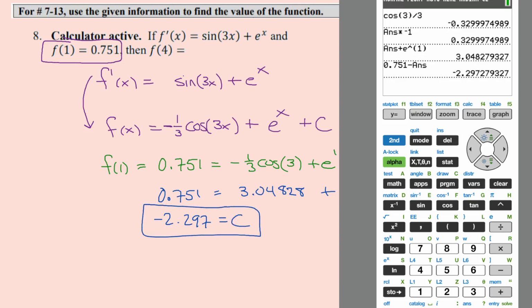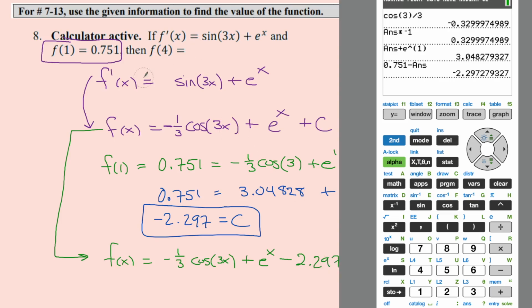And that means that our specific antiderivative for f of x is negative a third times the cosine of 3x plus e to the x minus 2.297.